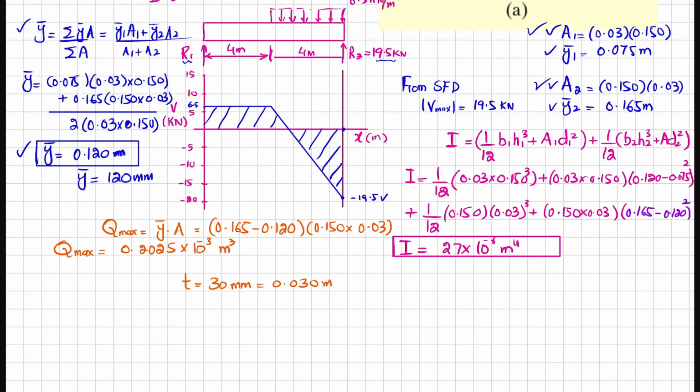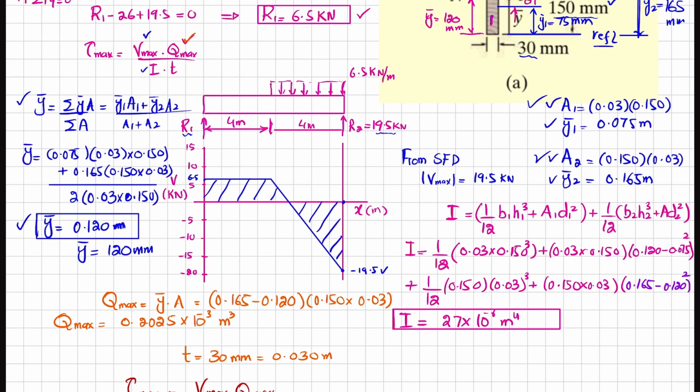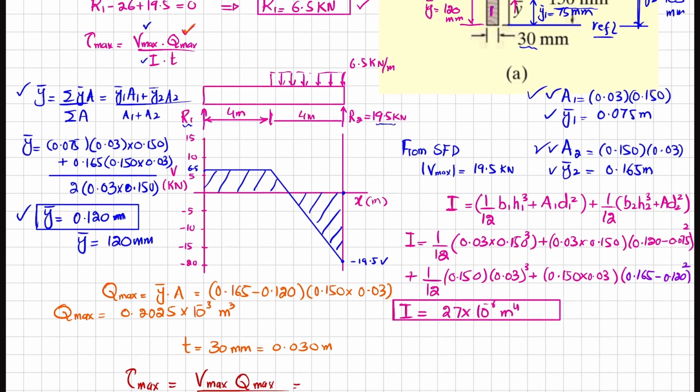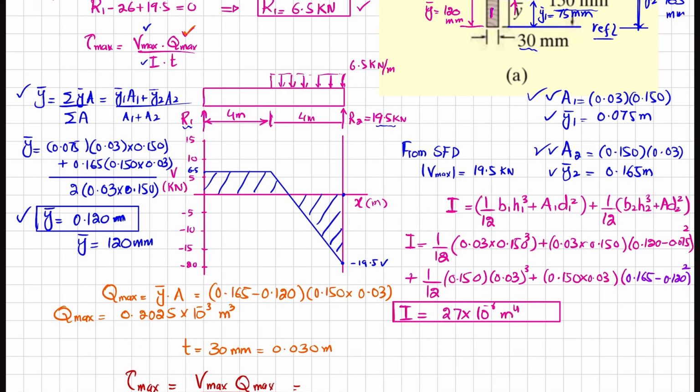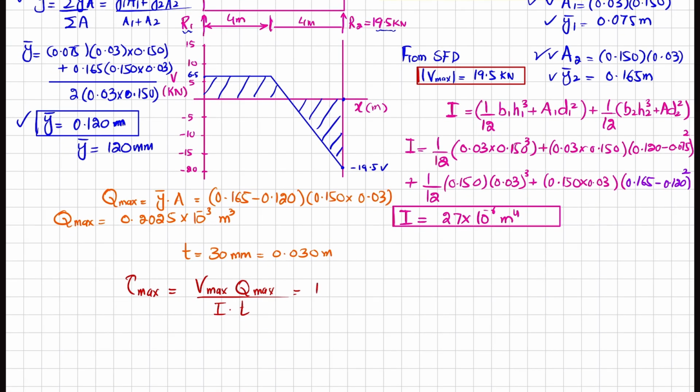Now you have all the values. What you can do is just plug it in, as we are finding maximum shear stress, which is equal to V max into Q max divided by I into T. So V max is this one, where I have written V max, which is 19.5 kilonewton. So I can write 19.5 into 10 raised to power 3 Newton.